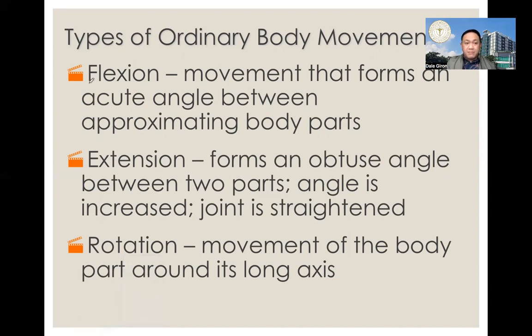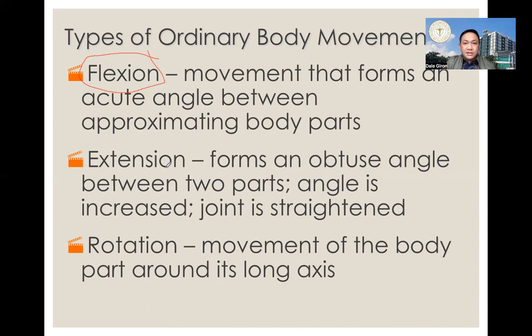Let's first describe flexion. This is a movement that forms an acute angle between approximating body parts. This is more common, flexion. You form an acute angle. Extension, you form an obtuse angle between two parts.